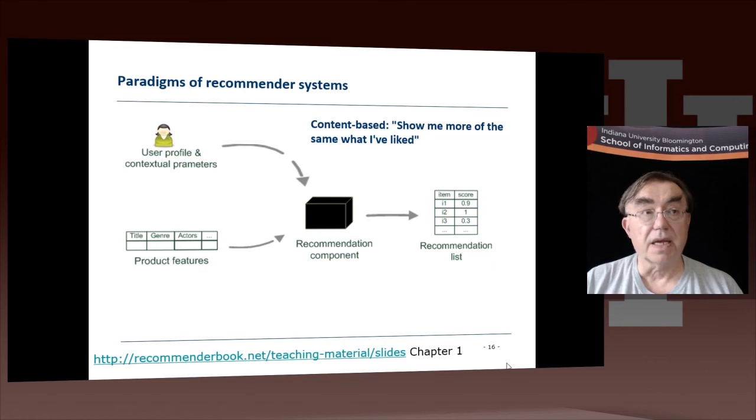A good example of that is Pandora, the radio site, where Pandora actually uses information about the music on the site to give recommendations. Whereas other approaches, such as the Netflix one, tend to be more focused on the community approach, where it looks at the rankings of other users to decide which movies are most appropriate to recommend to you.